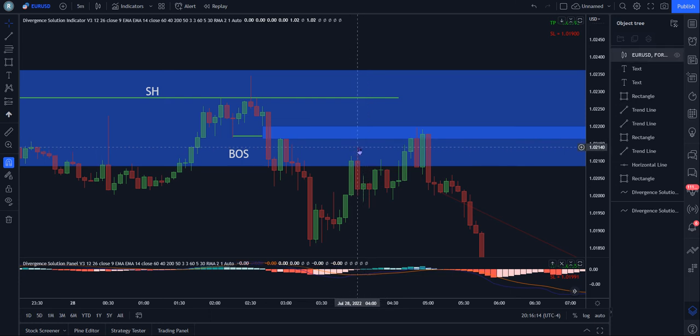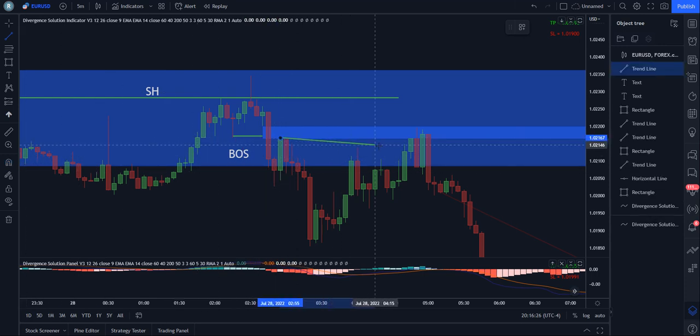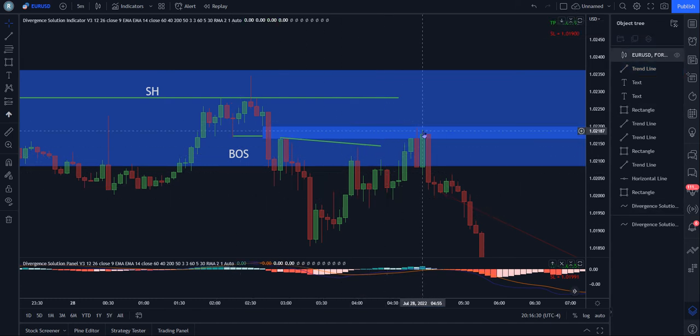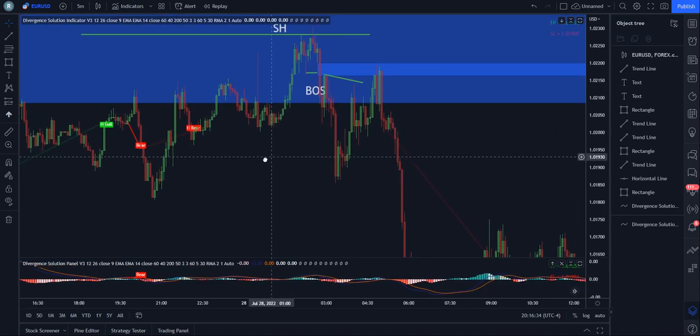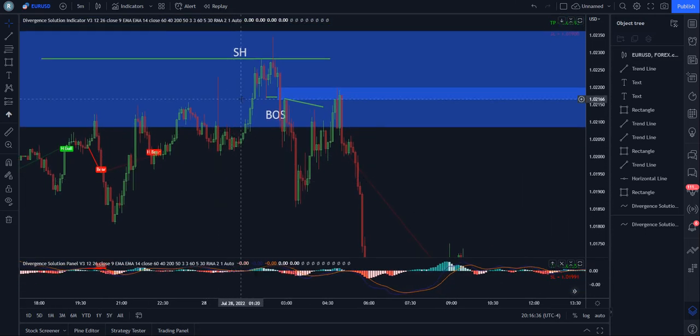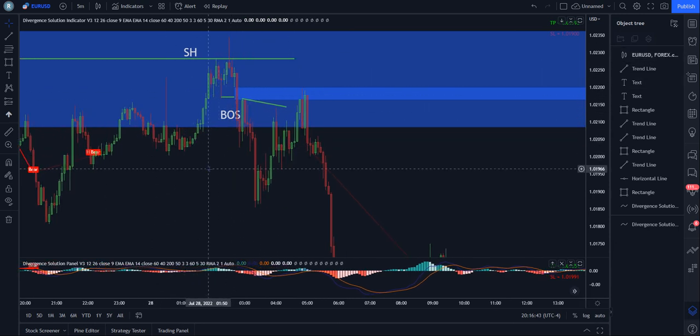And if it's going to run above here, it's at least going to tap into this gap, if not this order block. So these here I'm seeing as liquidity that's now being taken. You remember on the 15-minute, we had bearish divergence showing up as price is hitting our POI, as it's hitting our supply zone.